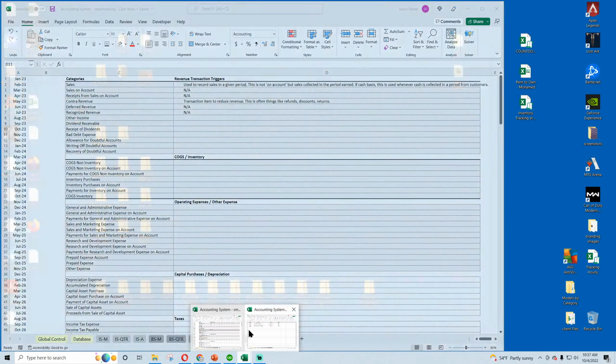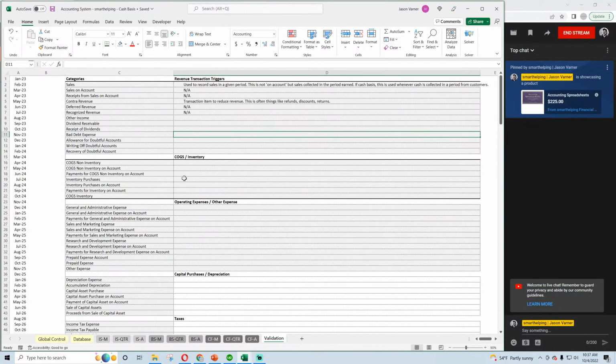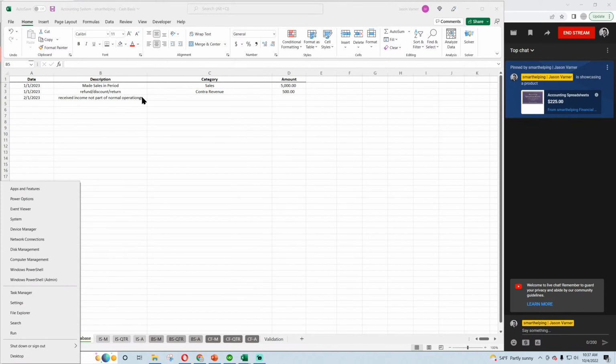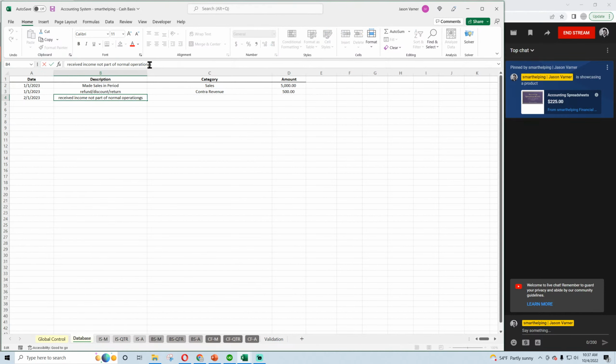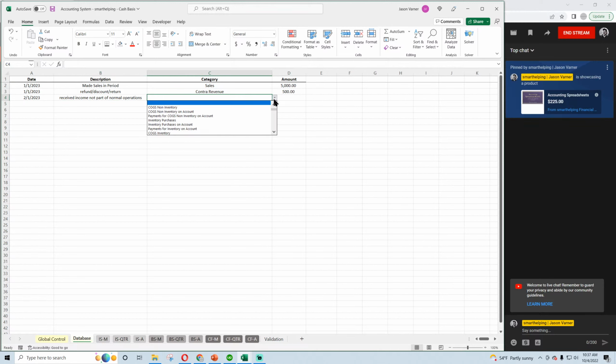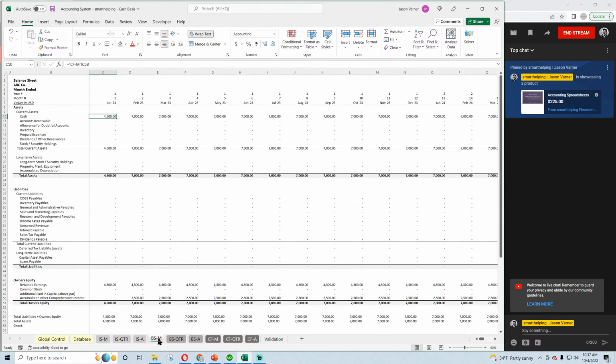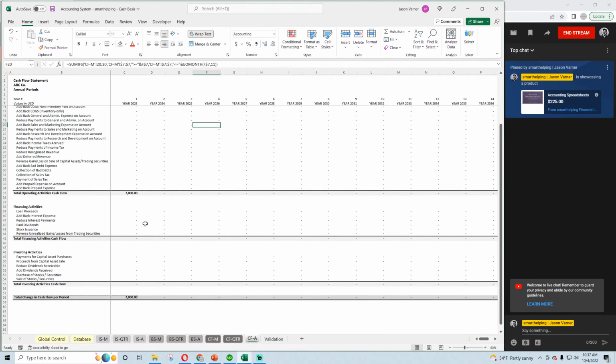Now cash basis, same deal. So let's say in February, received income not part of normal operations. That goes into there, hits the cash right there.